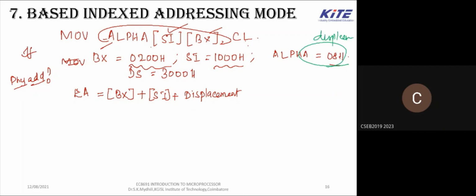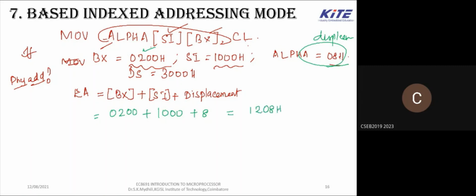What is your BX? BX here is 0200, added with 1000, and again added with 8. What is the value here? Simply it is 1208H.